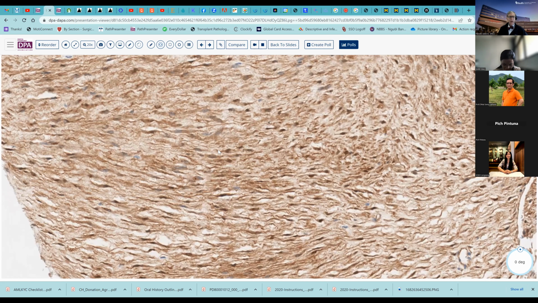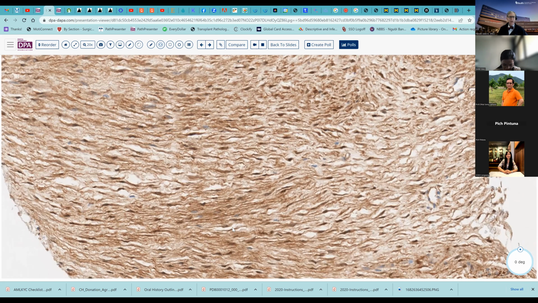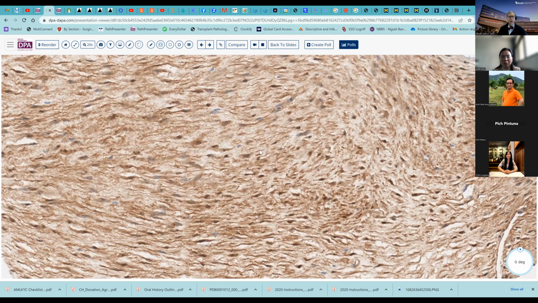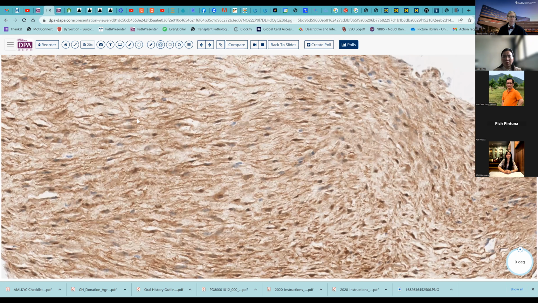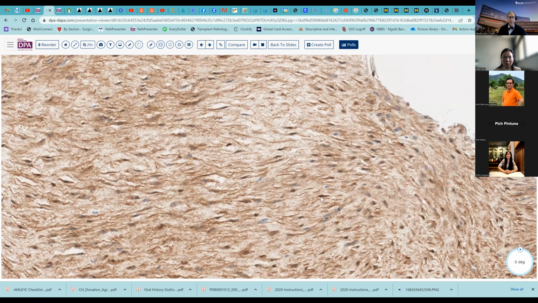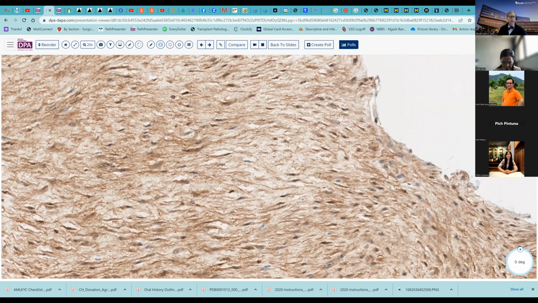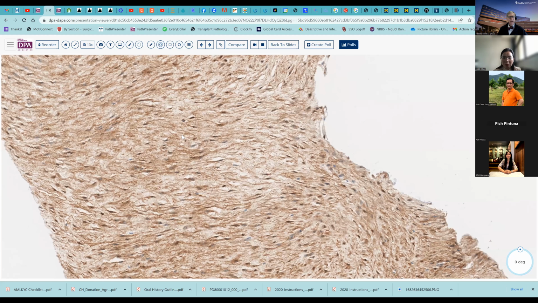And as you can see, we get some nice nuclear positivity as well as cytoplasmic positivity. So you don't want to just see cytoplasmic, you want to see nuclear positivity in many, if not all of the cells. Here, some of them are negative, most are positive, and then some cytoplasmic positivity.